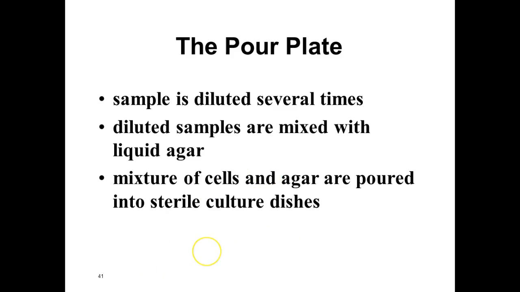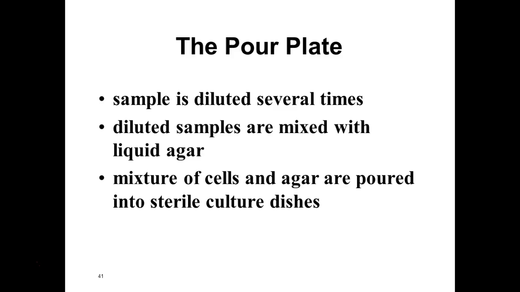Single species. Pour plate method, as I said, we don't really use that much. Very similar to spread plate in that you're going to usually dilute your sample several times so that you don't have a very large number of cells, so that when they're on the plate, they're separated from each other.